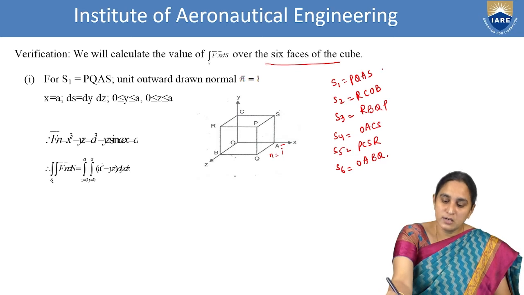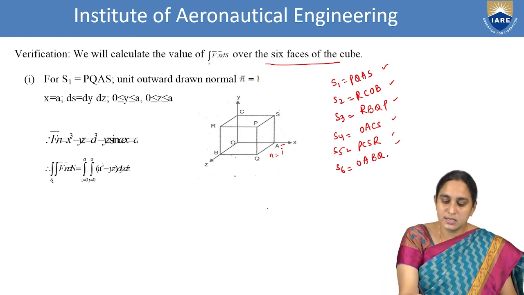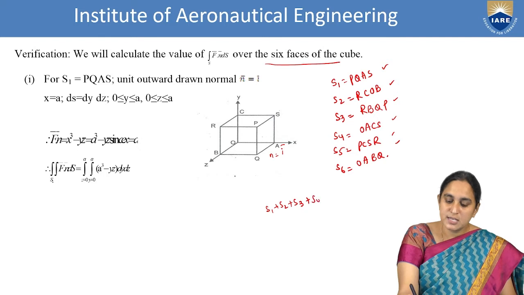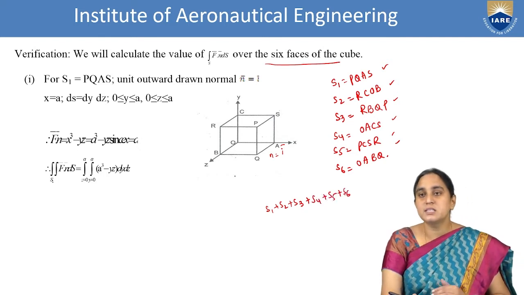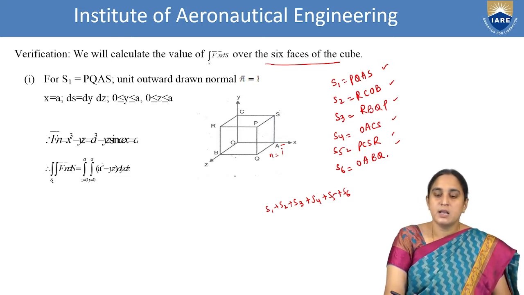Now we have to calculate each and every surface integral value and after that add these 6, that is S1 plus S2 plus S3 plus S4 plus S5 plus S6. If you add the 6 faces' values, that is equal to the RHS answer of the theorem. If both answers are the same, then the Gauss divergence theorem is verified.